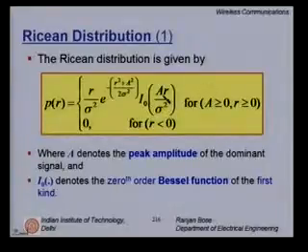I0 of 0 is 1. If you put a is equal to 0 here, then you get r over sigma squared e raised to the power minus r squared over 2 sigma squared, which is exactly the Rayleigh distribution. Fine. So, clearly, you have filtered in the effect of the dominant signal into the probability density function.